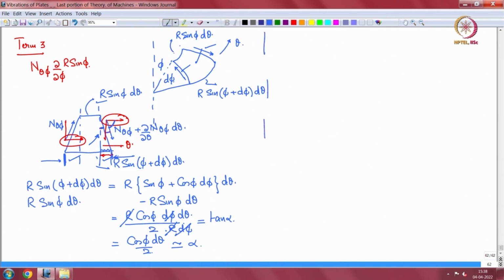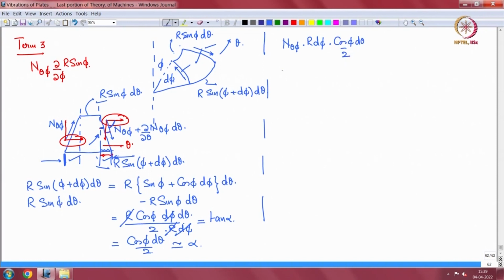So the components of both resultants in that direction are N theta phi into r d phi, which makes them a full force, into sin alpha, which is alpha, cos phi d theta by 2.